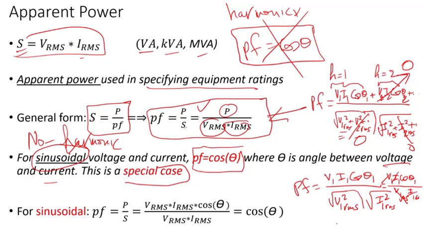I1 will cancel out. So power factor is cosine theta, or theta 1 in this case. So that's why it's a special case, only if you have no harmonics. If you have harmonics or nonlinear devices that cause harmonics, you cannot use this equation here. So very special case.